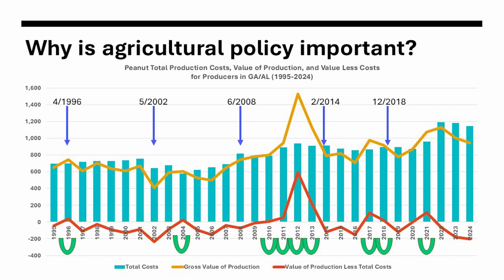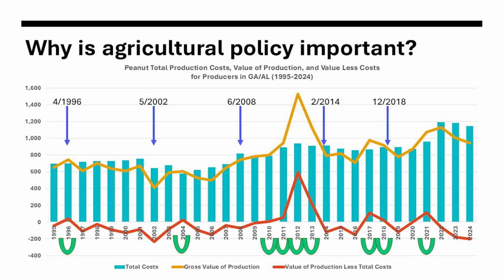The yellow line at top is the value of production, and then the red line at the bottom is the value of production less the total cost. The green little U's show periods over the last 30 years when we actually had a positive value over the total cost, so that's when the value of production exceeded the total cost.